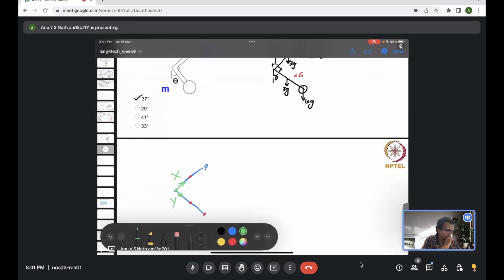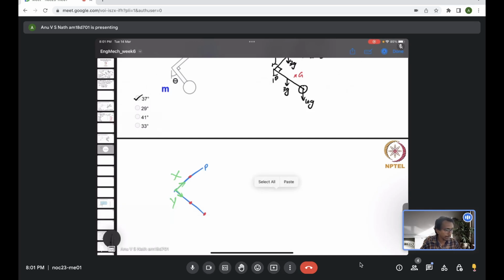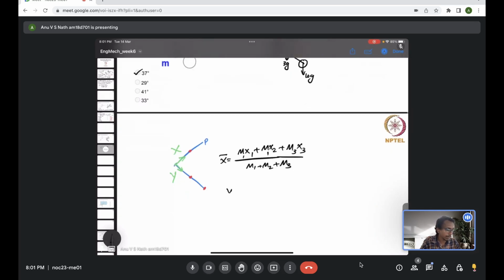So we have to evaluate m1x1 plus m2x2 by m1 plus m2. Actually here three masses are there, so plus m3x3 by m1 plus m2 plus m3, you will get the x bar. Similarly the y bar, the center of mass y, is m1y1 plus m2y2 plus m3y3, the whole divided by m1 plus m2 plus m3.